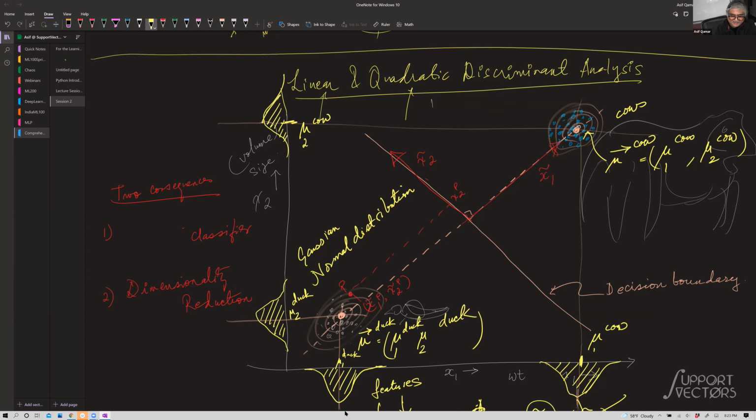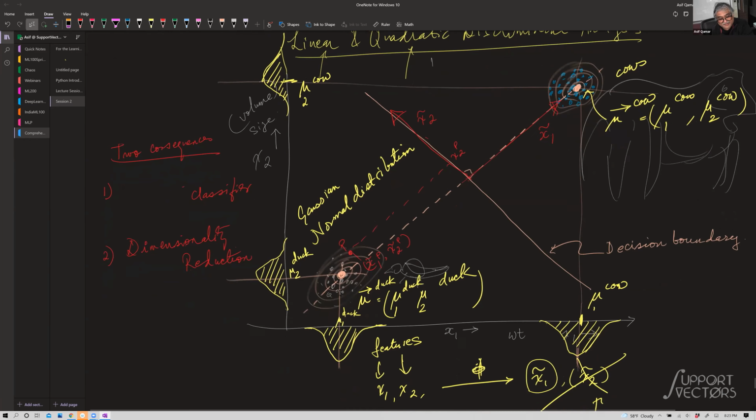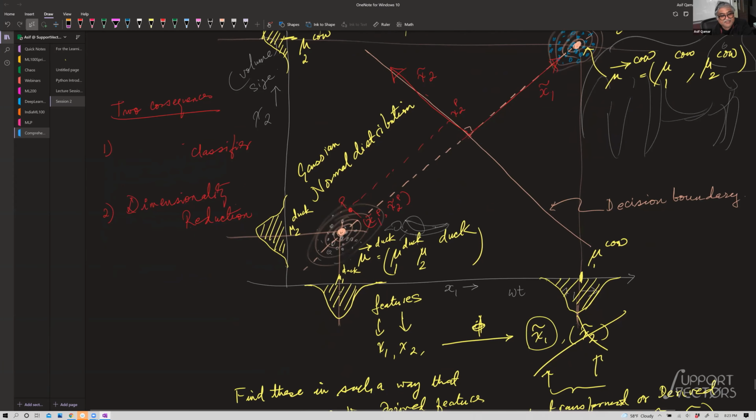I've not done anything. I hope what you're seeing is I'm making a set of very obvious geometrical statements. But what is obvious in geometry actually has profound implications when you think about it as data and features. One of them is, common sense says the best way to separate is to take a perpendicular bisector of the line connecting these 2 points, the mu of the duck and the mu of the cow.